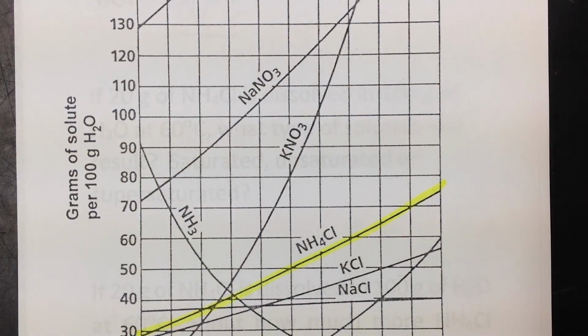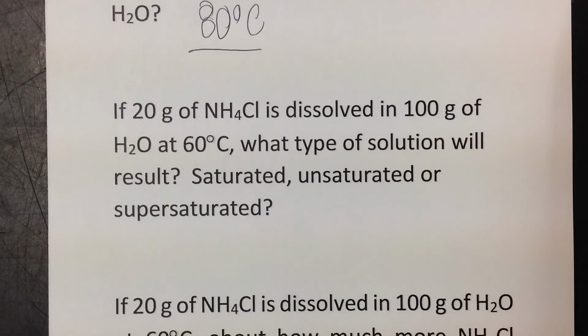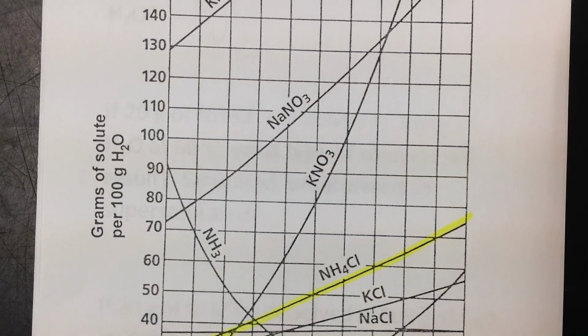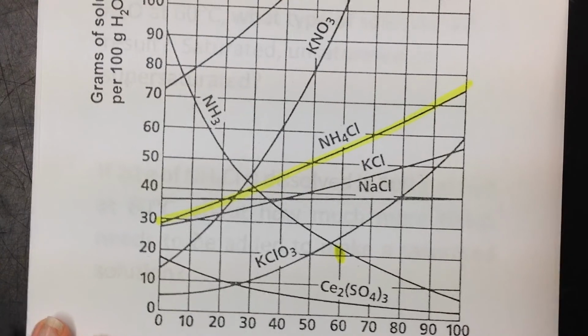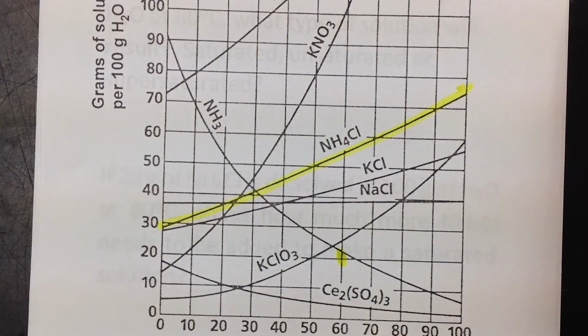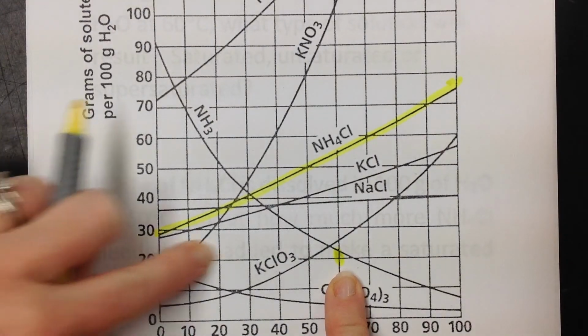And they're telling me, all right, we dissolved 20 grams at 60 degrees Celsius. So they gave me those coordinates. So 60 degrees Celsius, 20 grams is right there. So we're looking in reference to ammonium chloride. They're telling me in the problem at 60 degrees, we dissolve 20 grams.